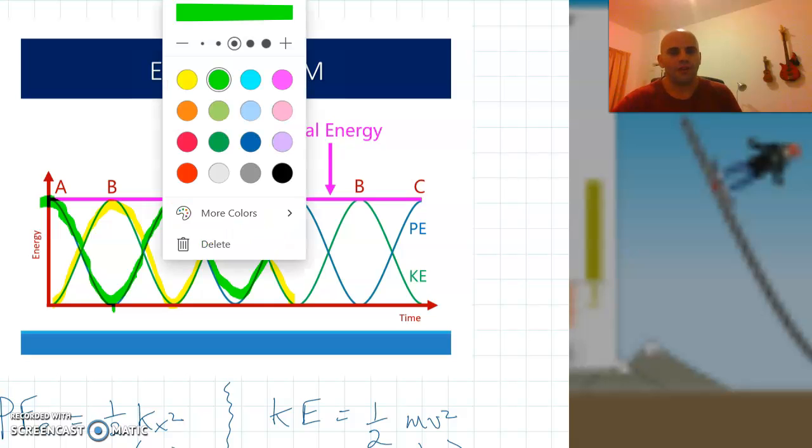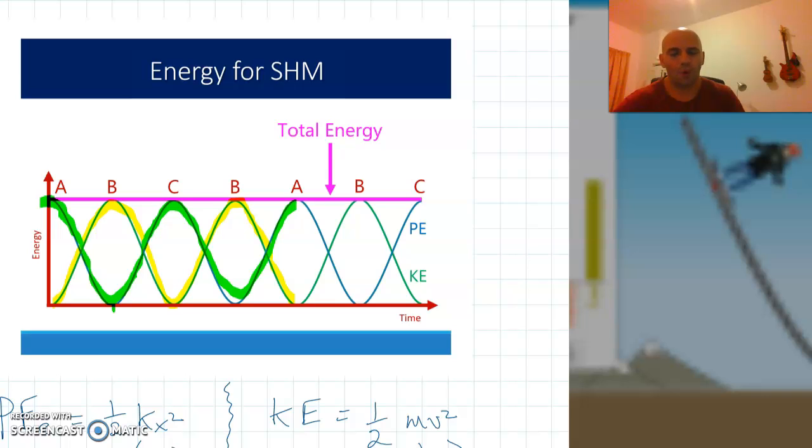Please note one thing: the total energy, so long as there's no friction in the system, and there's no drag, and nothing else, will always stay the same. So what's important about that?